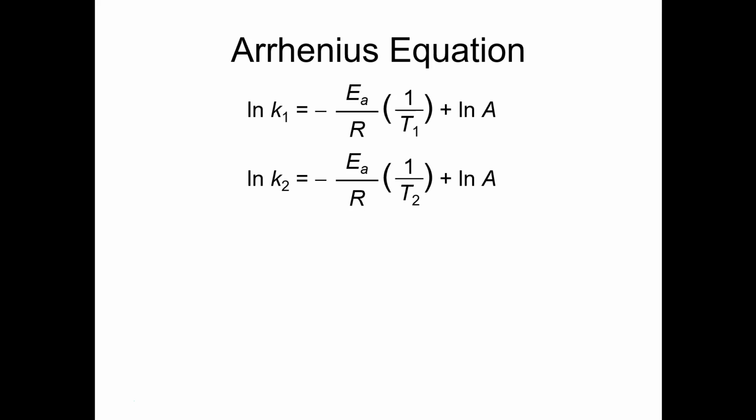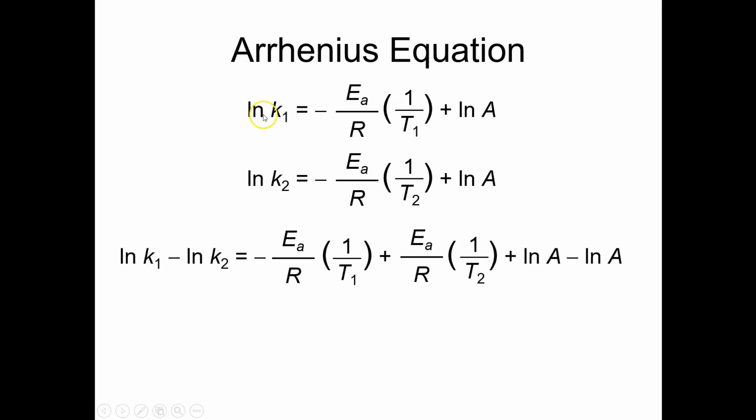Well, really what you do when you're trying to find the slope of anything is you subtract one point from another, so you're calculating rise over run. So I'm going to subtract this equation from this equation. That means on the left-hand side, since I'm subtracting the bottom one from the top one, that gives me log of K1 minus log of K2.